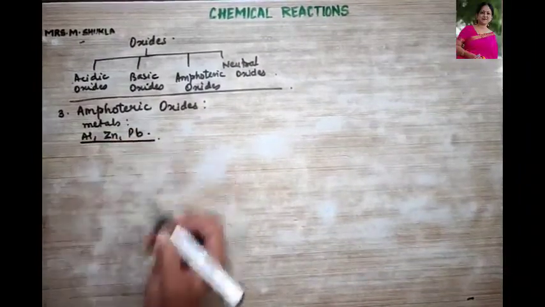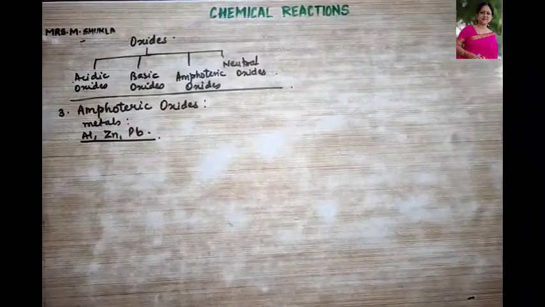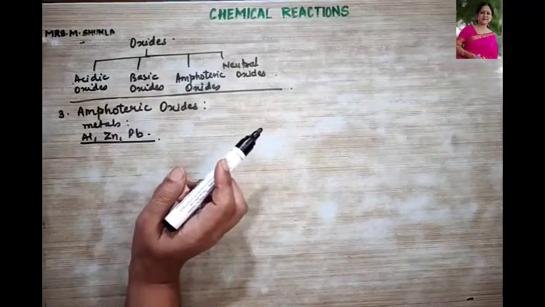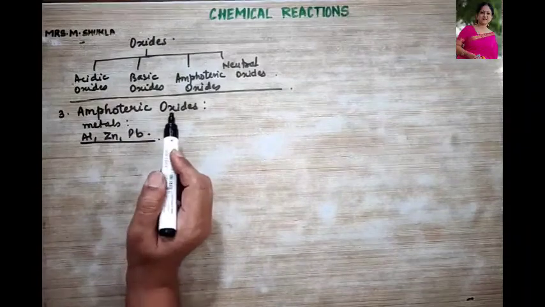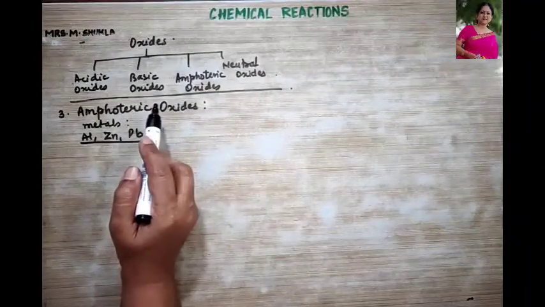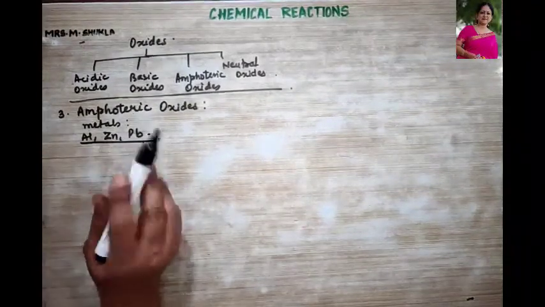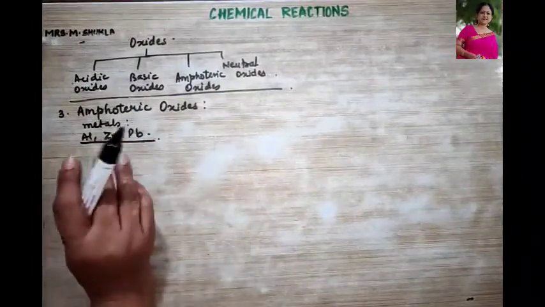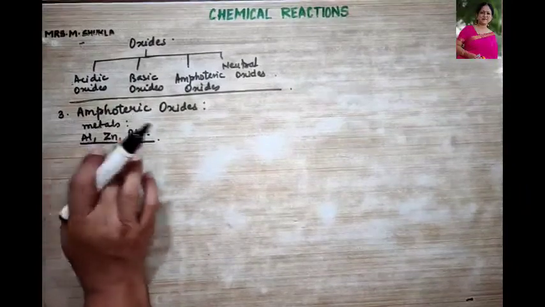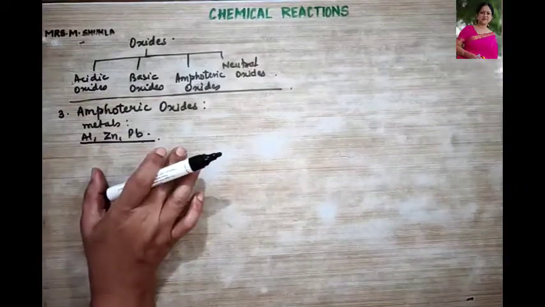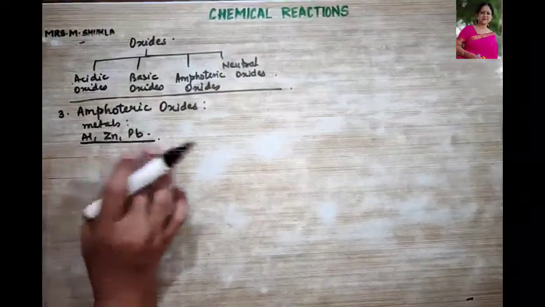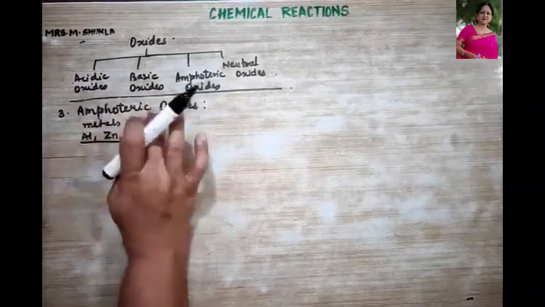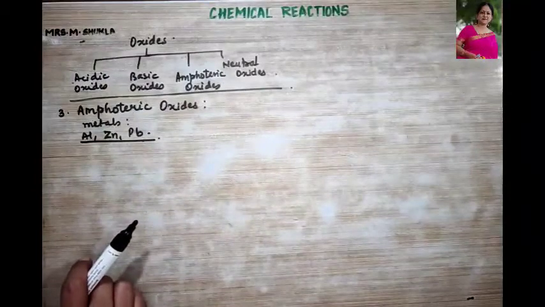These are the only three metals that you have to learn as amphoteric metals, right? Now what are amphoteric metals? The word amphoteric means that these metals exhibit both acidic and basic nature. When I say they exhibit both acidic and basic nature, I mean to say that they react with both acids as well as bases to form oxides. Thus they are called amphoteric oxides.